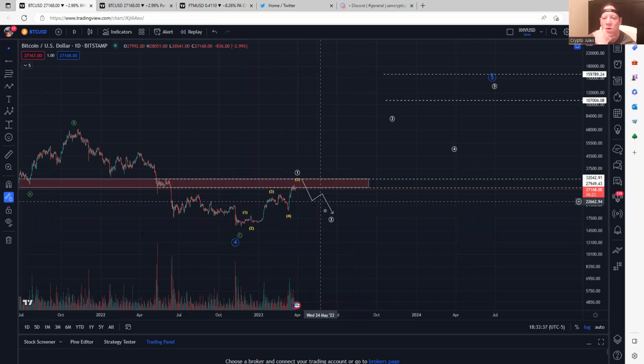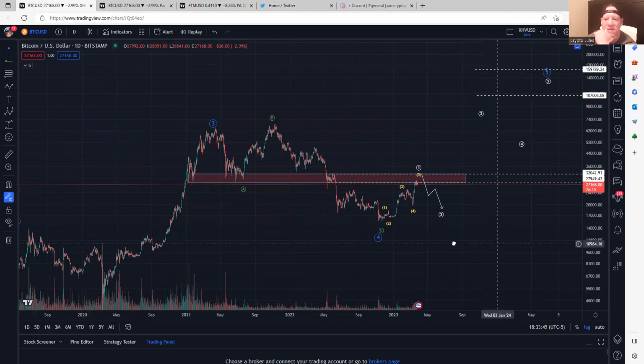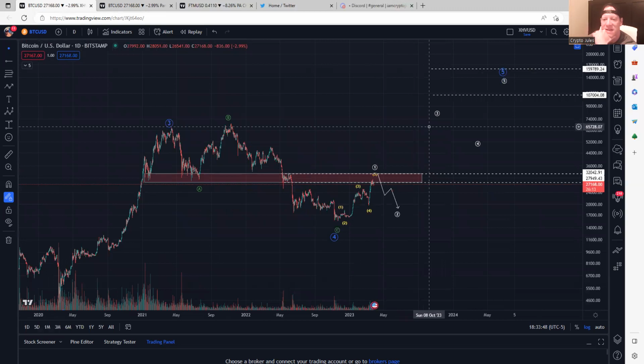So then that would be a 1, 2, and then you would have a 3, 4, 5 up to the same range that I'm targeting for the other bullish scenario. In this scenario, this would basically indicate that we would have an extension in our 3-wave or our 5-wave, which isn't necessarily out of the ordinary. That's common. So, either of those two scenarios are still possible.